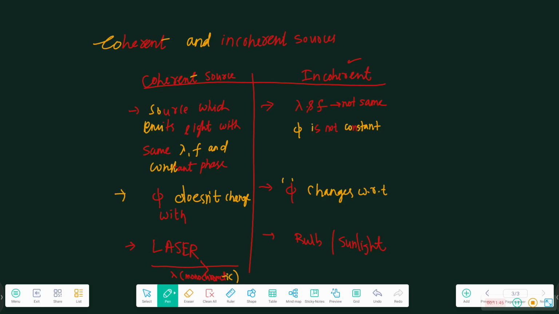The wavelength and frequency are not the same. Laser light is monochromatic. The opposite of monochromatic, with many wavelengths, is polychromatic. So coherent source, incoherent source, no doubt. Up to what point did I complete? Reflection and coherent, incoherent sources, right?